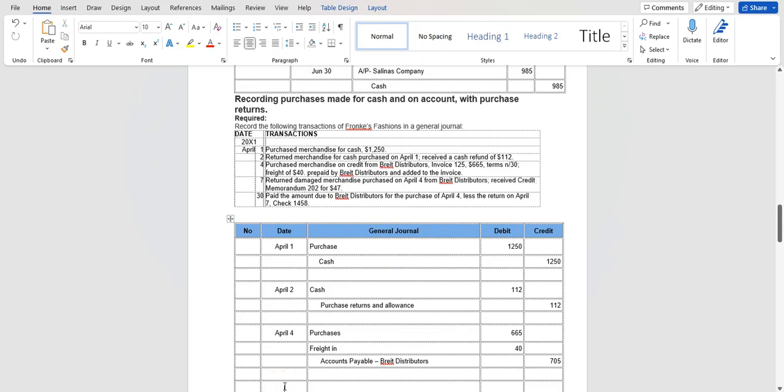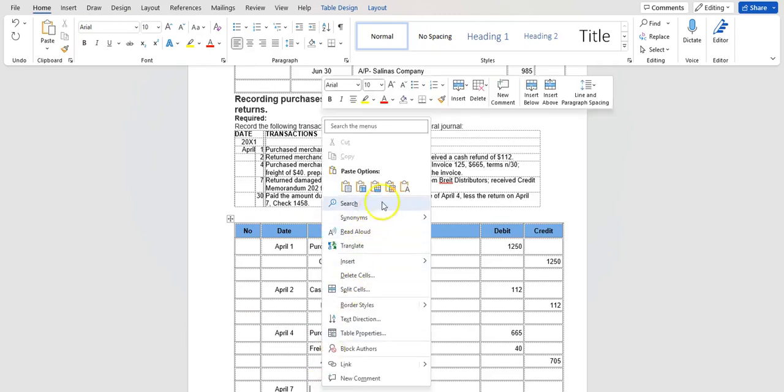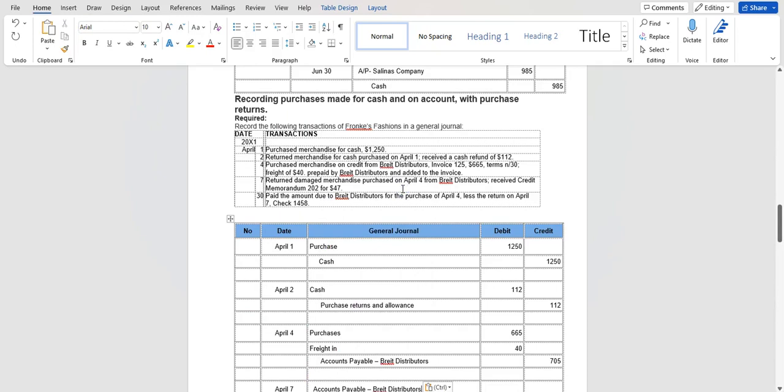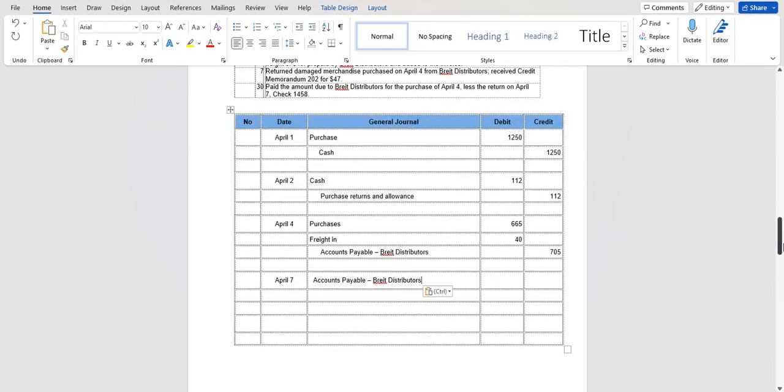So for April 7th, we're going to go over to our accounts payable for this particular company. I'm going to just copy and paste it. We're going to debit this account to decrease how much we owe them, okay?